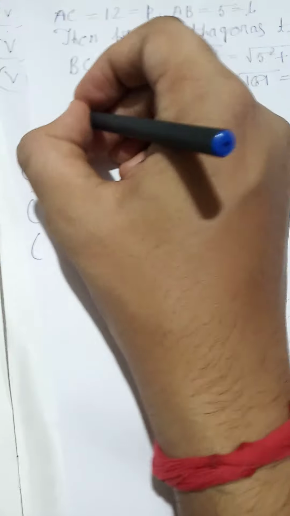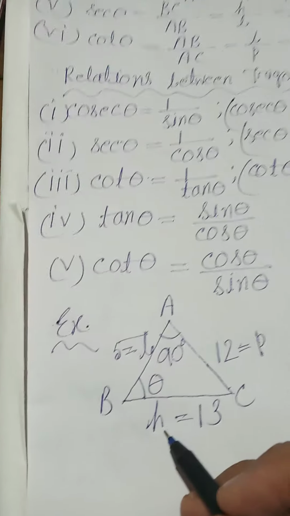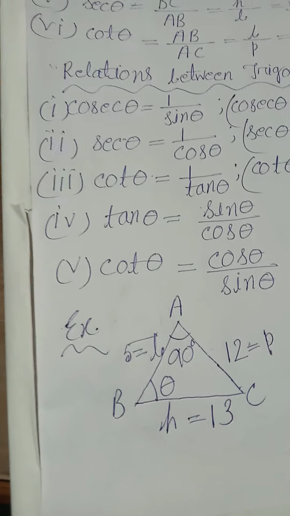Now BC is considered as 13, which is denoted by small h.